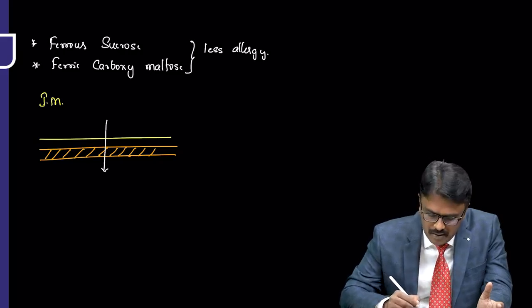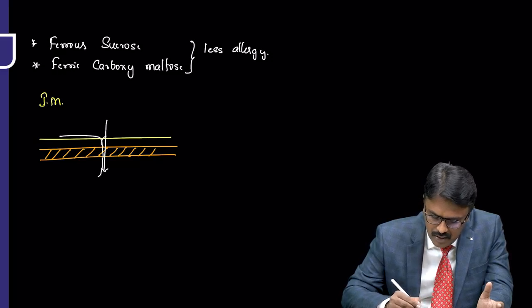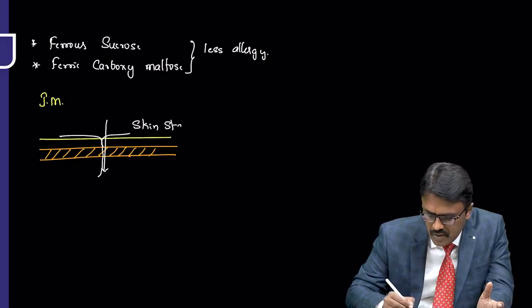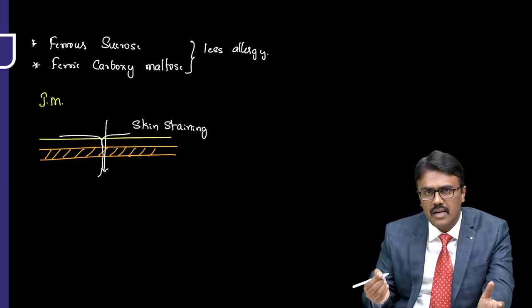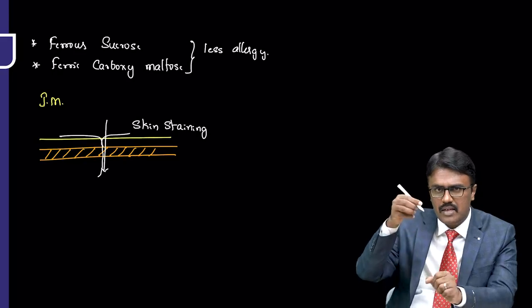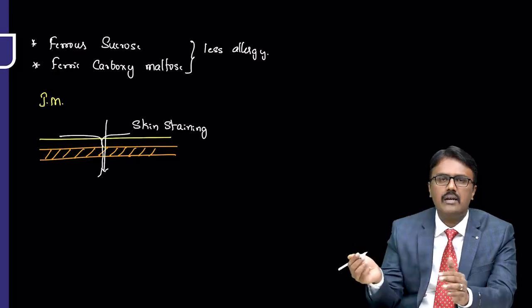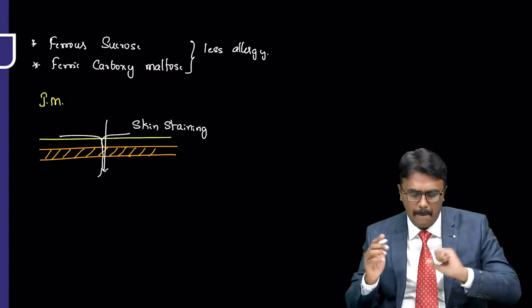So when it forms a track, the drug can come back through the track to the skin, and it can cause skin staining. So whenever you are giving an IM injection of iron, there is a chance of skin staining because you have created a track, and the drug will come out through that same track. And it is colored, so it will stain the skin.